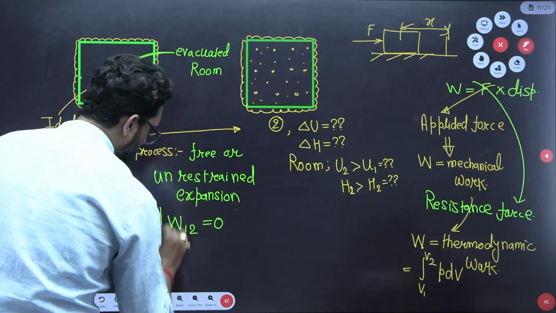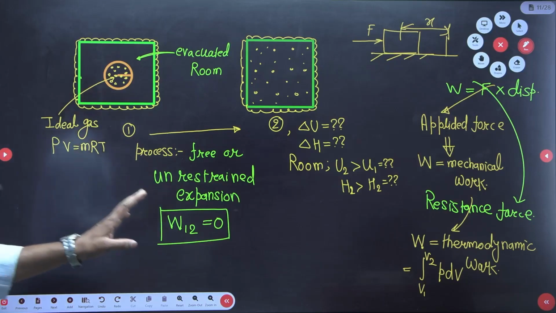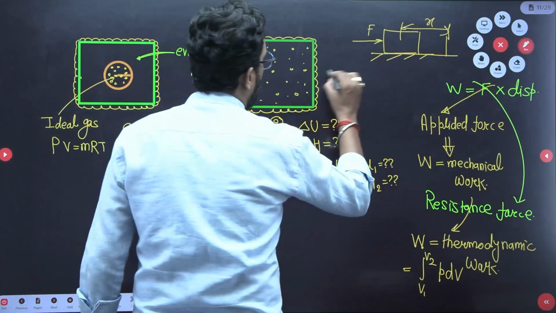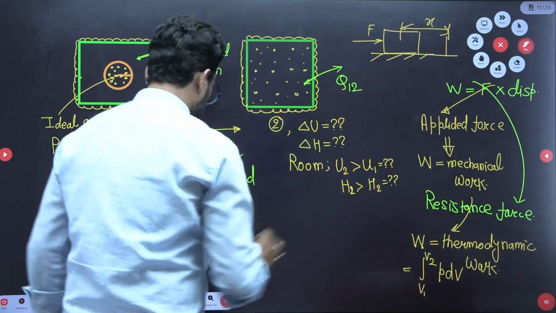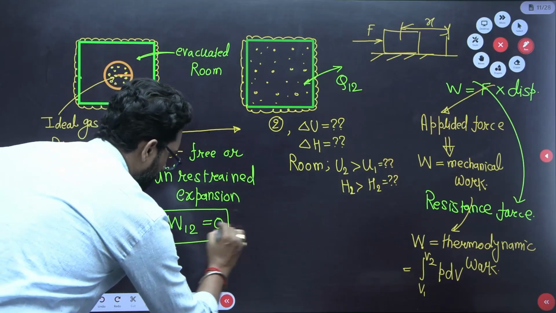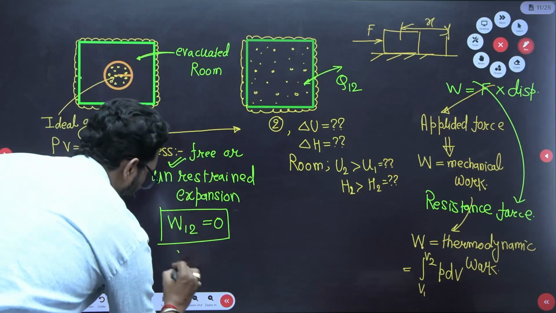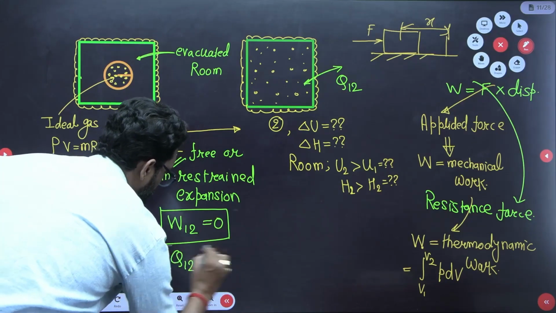Work transfer is zero. That is correct. So no work transfer, and also this is insulated, so there is no heat transfer. Work transfer is zero. Why? Because there is a free expansion. There is no heat transfer during the process. Why? Because the room is insulated.